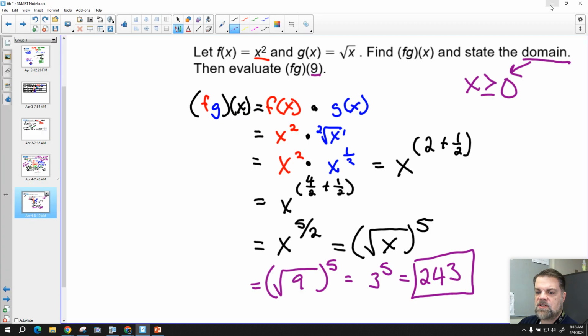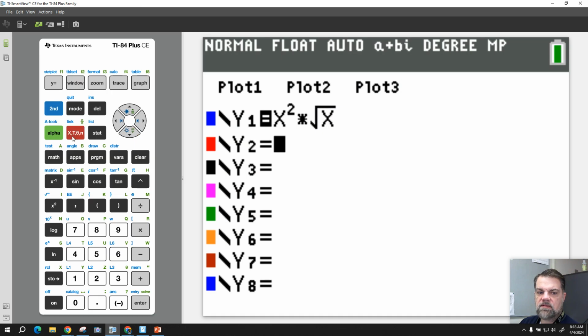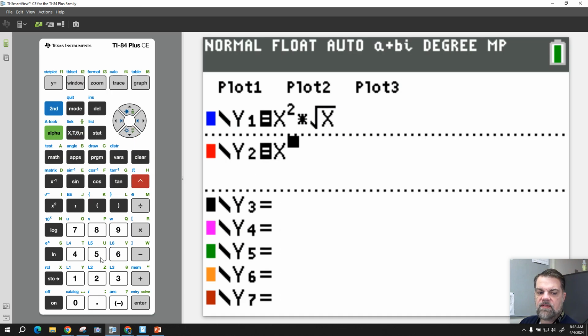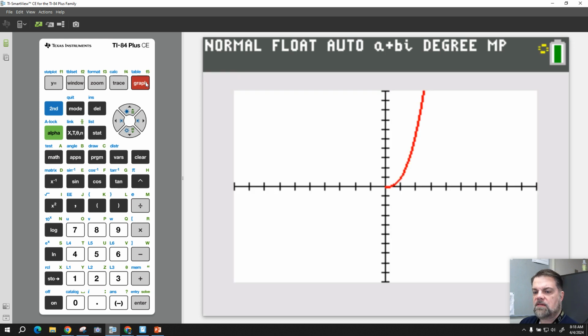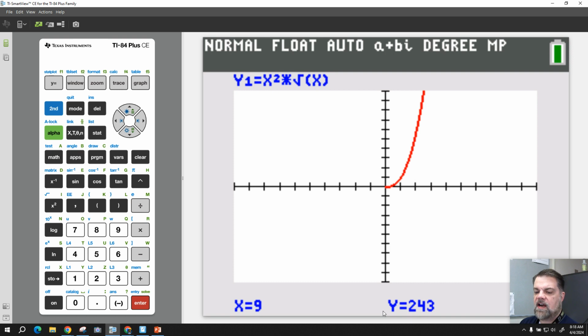It was x raised to the 5/2. So I'm going to enter x raised to the 5 divided by 2. When I graph it, they're the same graph. Then to find out what it is when I evaluate it at 9, I'm going to plug in 9, and it's going to be off the graph, but notice that it's 243. So I did everything right.